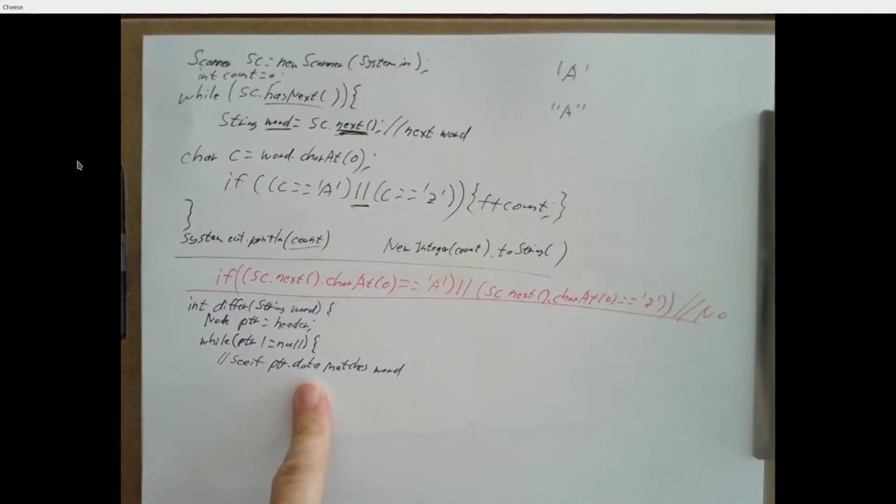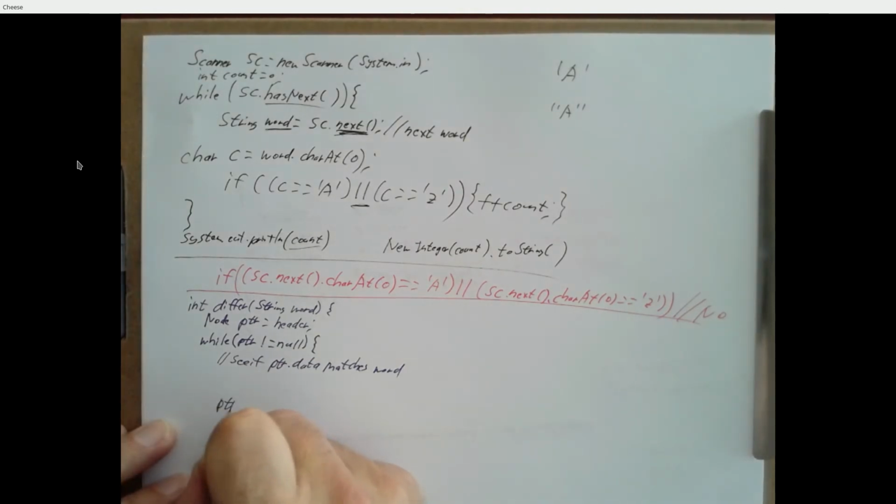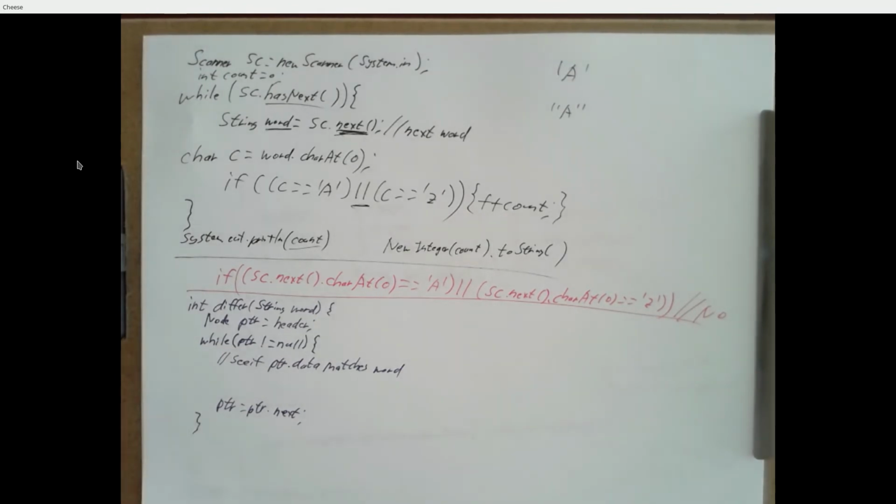Well, that's going to start with the first node, so that's good. And then somewhere at the bottom, I'm going to adjust pointer to be the next node. If pointer is the last node, then this is going to change pointer to be null.